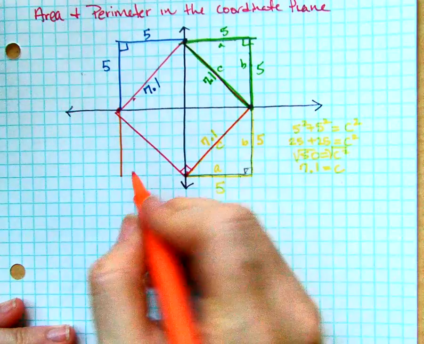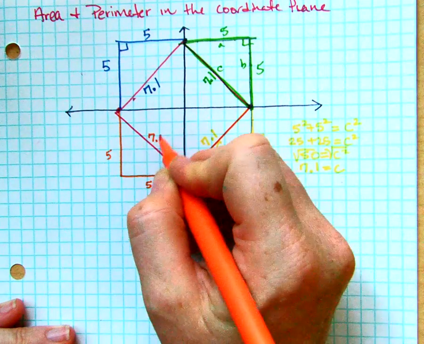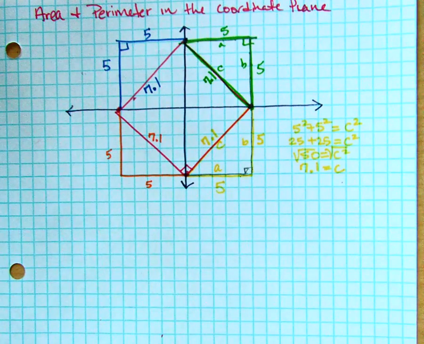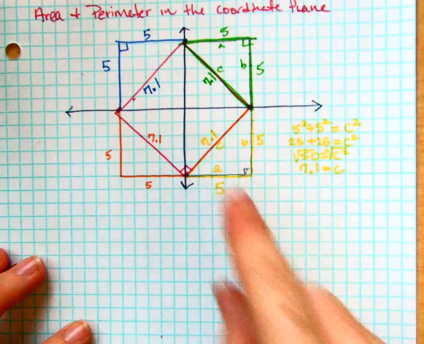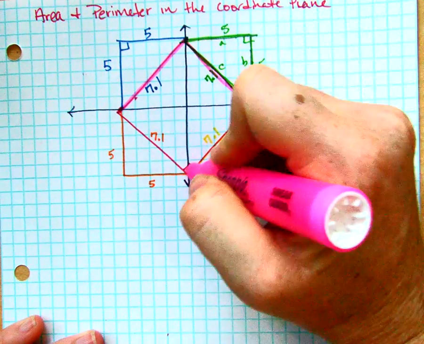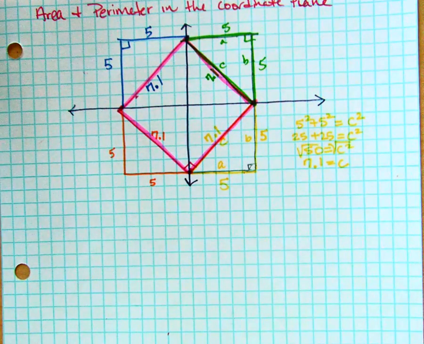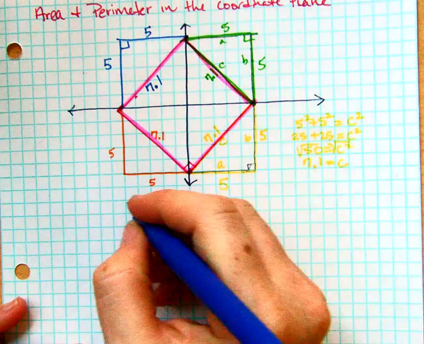So right here you can see it again. This is 5 and this is 5, so this has to be 7.1. So if this picture were asking for the perimeter of this original shape, which was this square right here, then I could just add 7.1 plus 7.1 plus 7.1 plus 7.1.